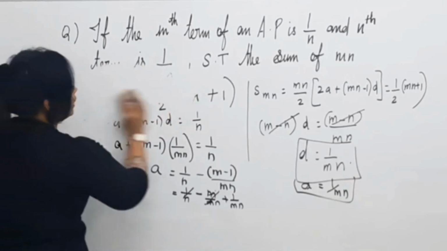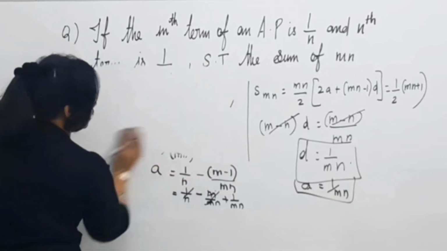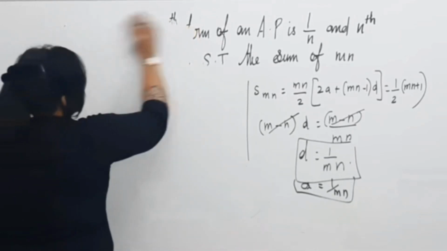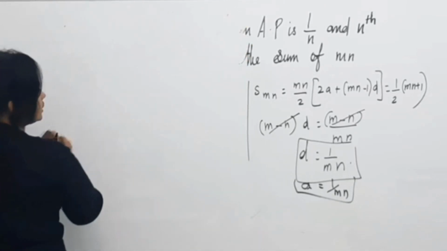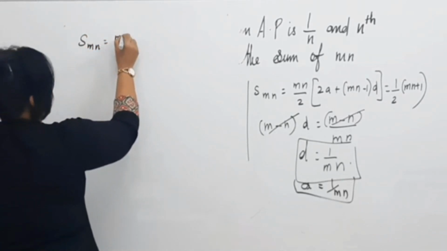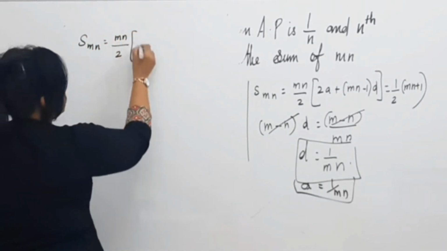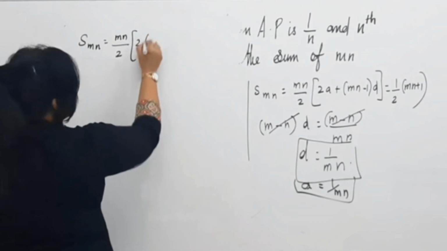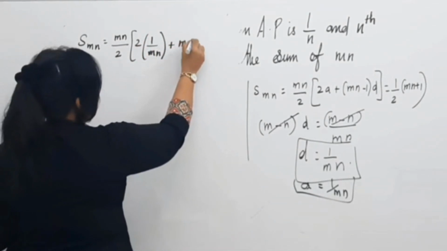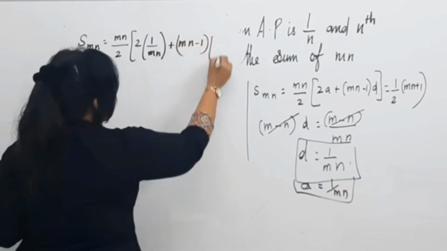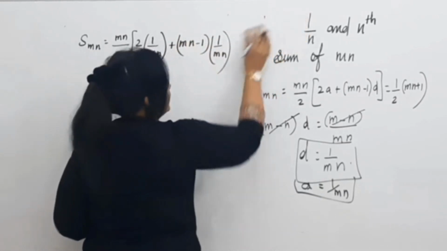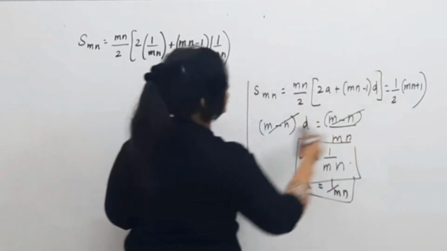Now I have to get my Smn. So Smn is equal to mn divided by 2 into 2 into A, which is 1 by mn, and then plus mn minus 1 into D, which is also 1 by mn. I have to get that equal to half into mn plus 1.